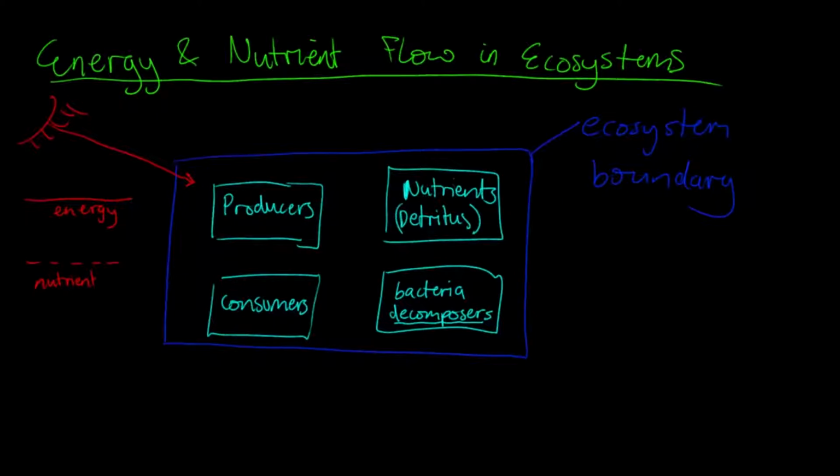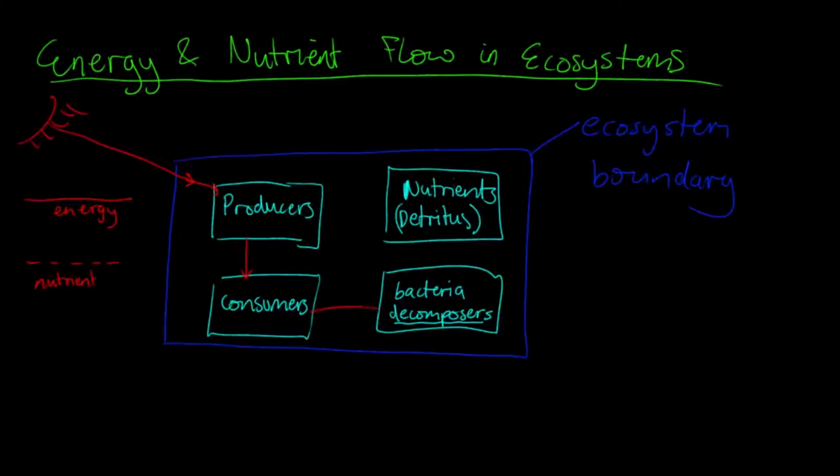Now you've got energy coming in from the sun into the plants, and the plants photosynthesize and they produce energy, they grow, and then they're eaten by consumers. And there are different levels. You've got primary consumer, secondary consumer, tertiary consumer. They eat each other. The food chain, you know how it works. It goes up, and then eventually all the organisms die.